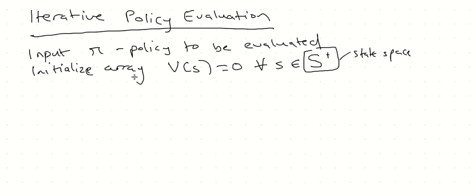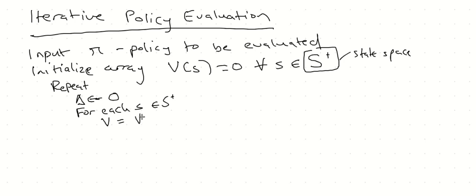After that, we're going to repeat the following. We start with some delta, initialized to be equal to 0. This is for convergence properties, but we'll get to it. Now, for each state s that is an element of S, we want to assign v. What are we assigning v to? v is equal to V(s), the value of that state.